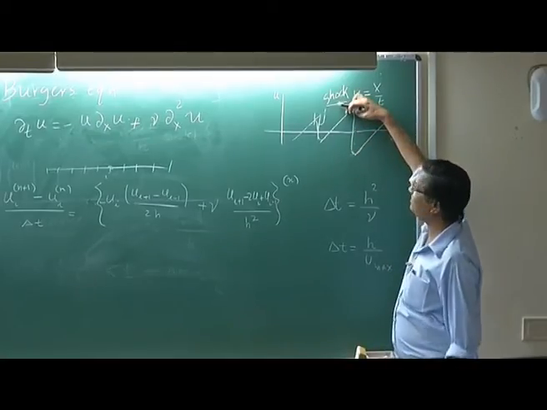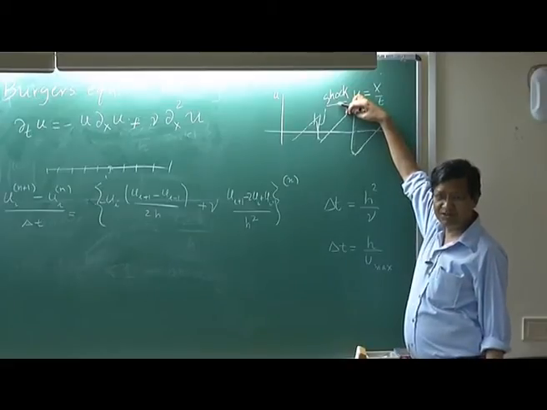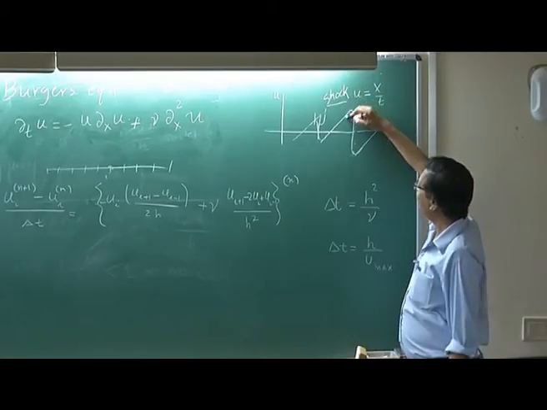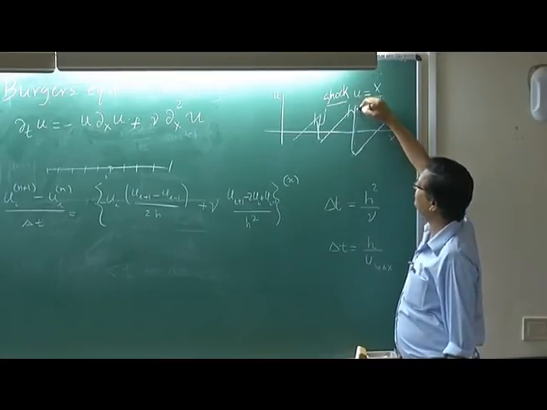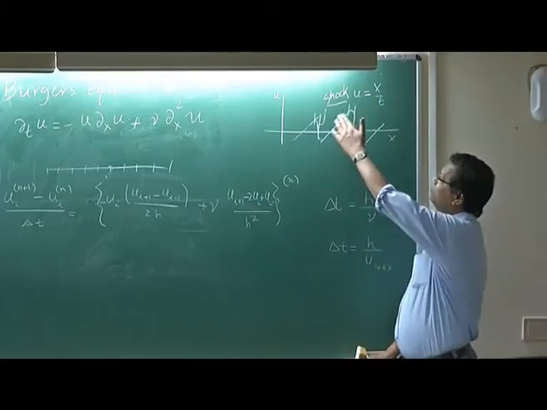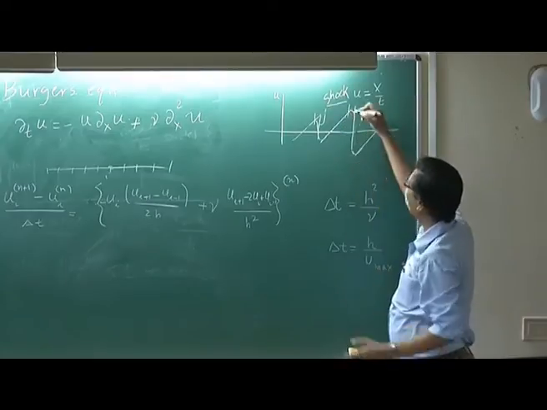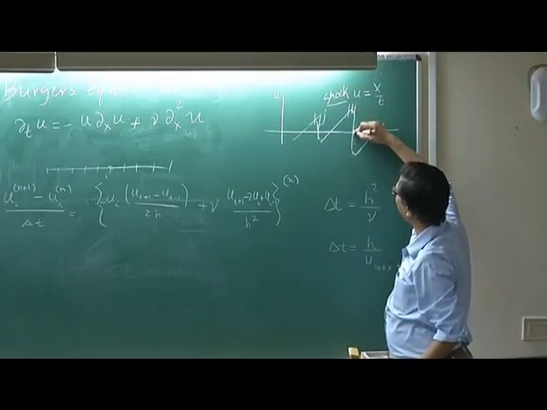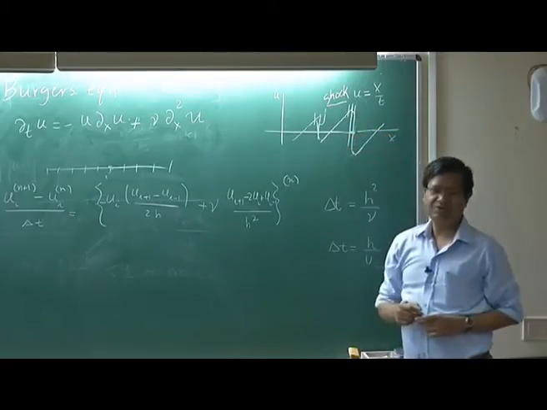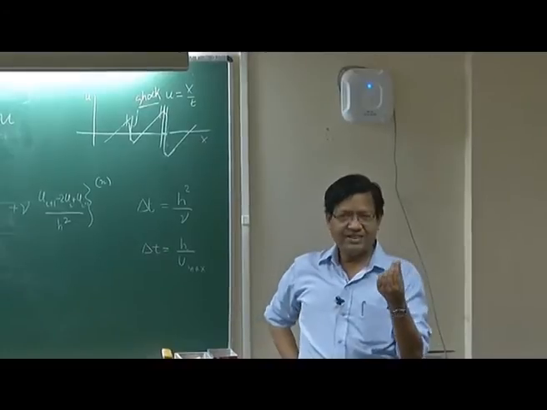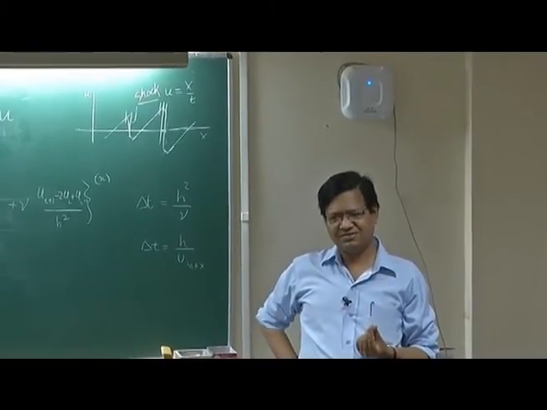So, this width, my h should be smaller than this. If my h is not smaller than this, there is a problem. If it is ideal, this is the exact solution. My h must be smaller than the distance between the peak and this position. There is a way to estimate this, and that again will come from dimensional analysis.